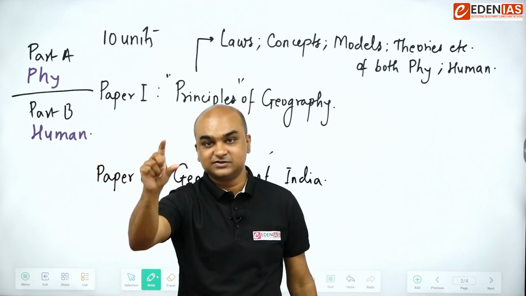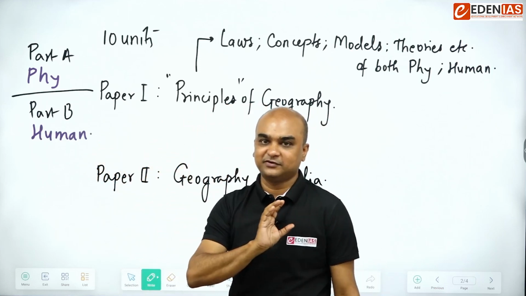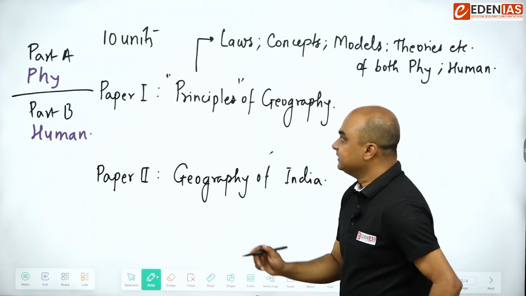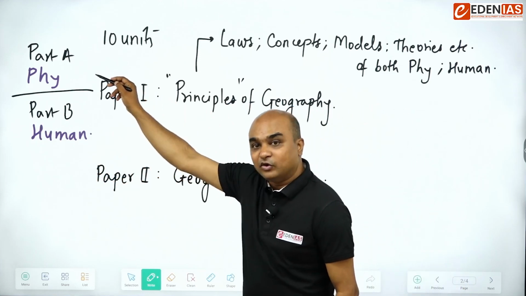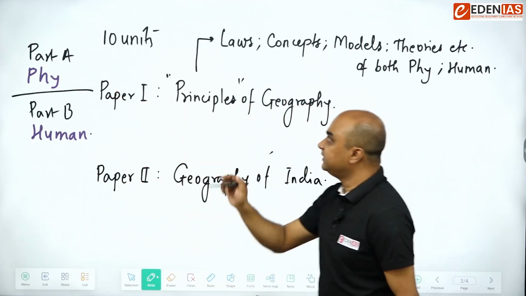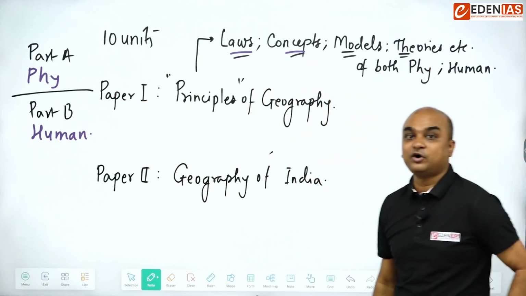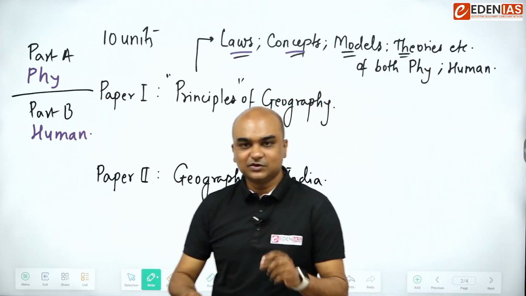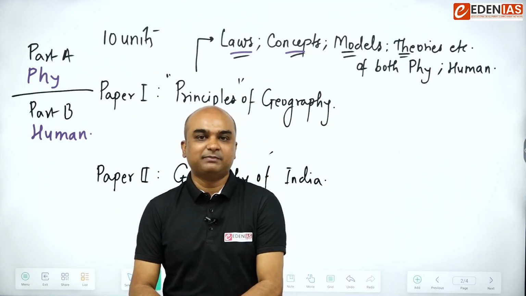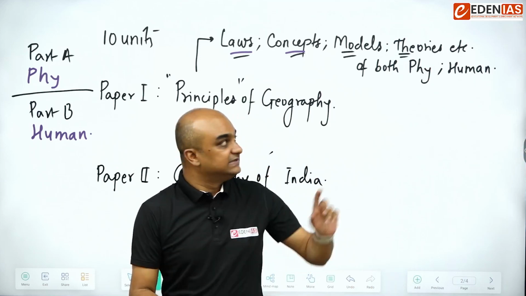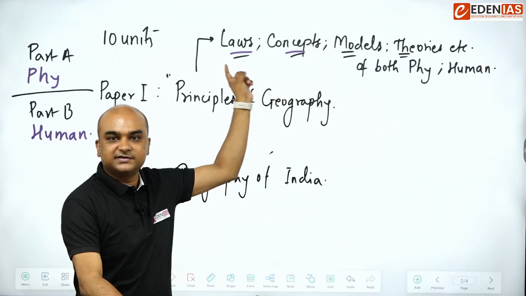और चाहे वो physical geography हो या चाहे human geography, आप एक चीज देखोगे that in both the sections, the focus is on laws, concepts, models, theories, hypotheses, etc. So, while preparing this paper, you have to understand that this has to be your focal point.